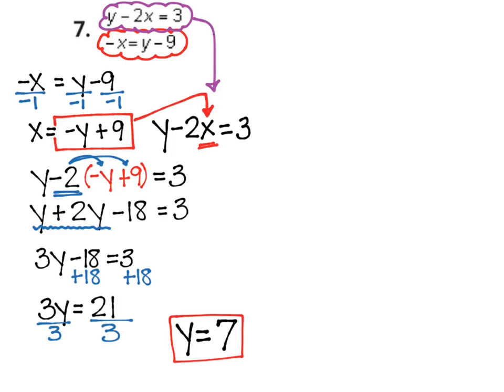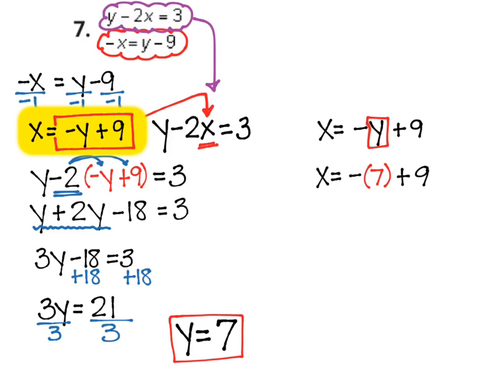See, all right, but I need both the x and the y. So I'm going to take this y equals 7, and I'm going to go back up here where I had my x. And that's where I'm going to substitute back in this 7 to solve for my x. So x equals negative 7 plus 9, which is 2.